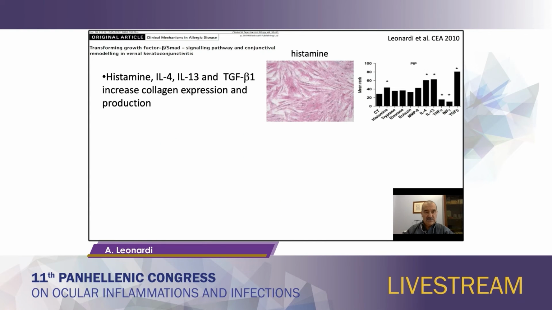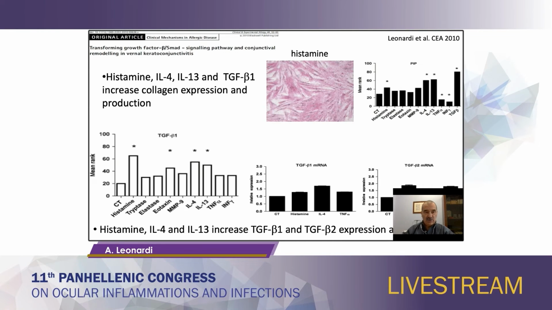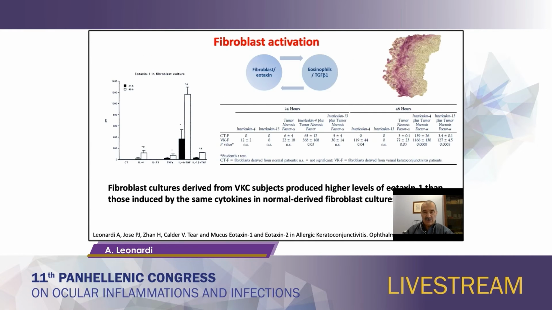Not only histamine, but also interleukin-4, 13, and TGF-beta-1, which are overexpressed in tissue, increase the expression and production of collagen-1, but also increase the production of TGF-beta-1 and TGF-beta-2, therefore increasing the loop in the collagen hyperproduction.